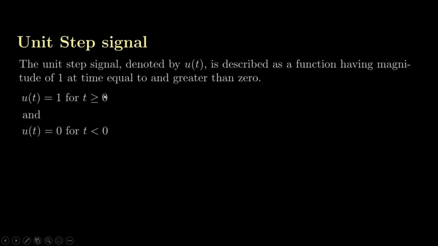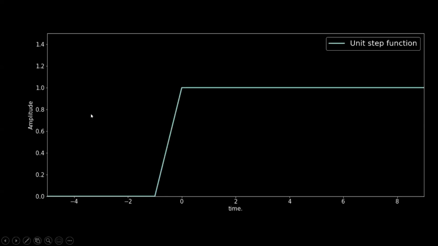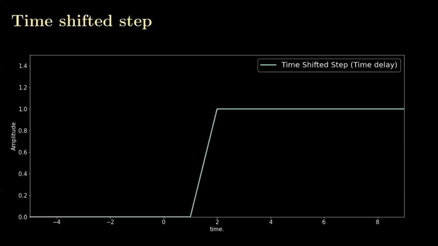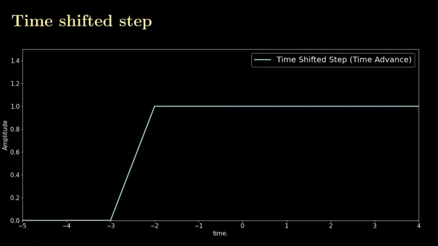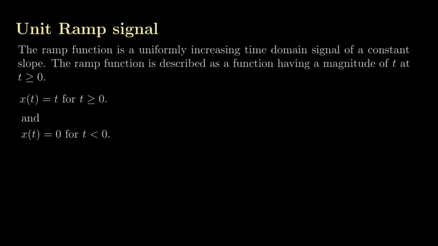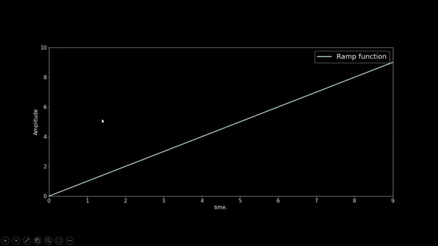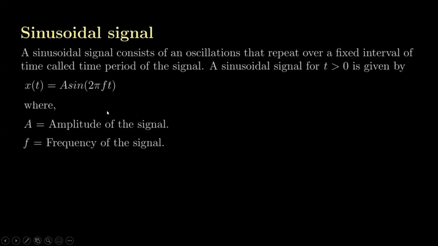To summarize, in this lecture we studied several fundamental continuous time signals. We began with the unit impulse signal, then explored the time-shifted versions of the impulse and step signals. After that, we discussed the unit step signal and how it can be delayed or advanced in time.